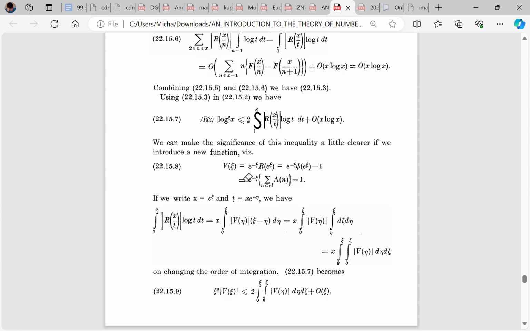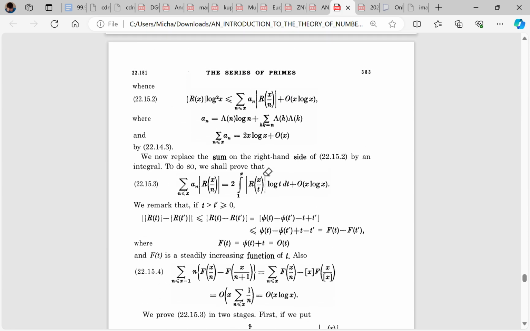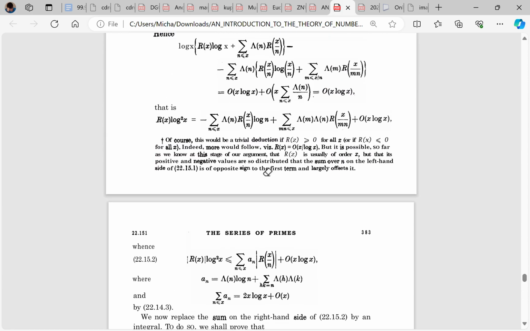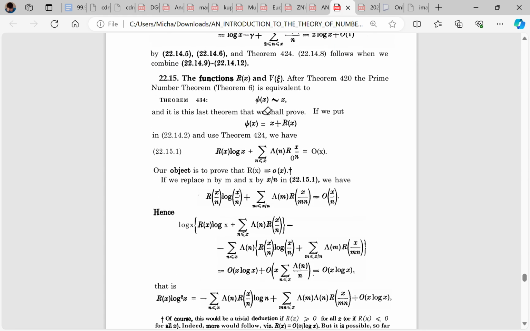Yep, so if the limit of v is 0, then this divided by that has limit 1.